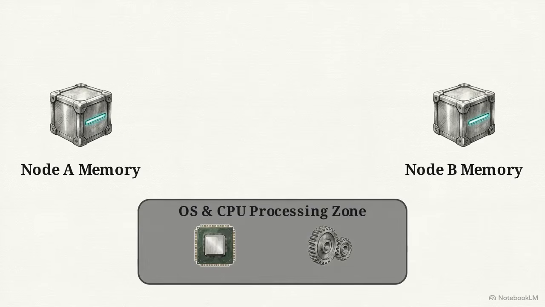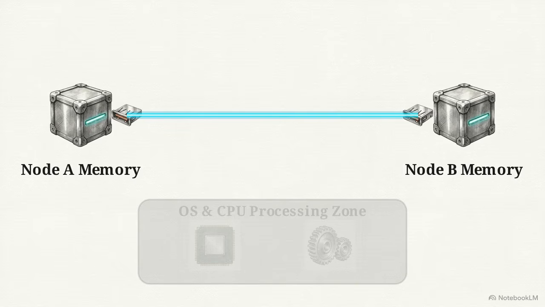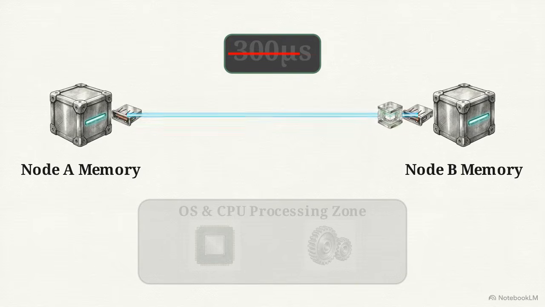It entirely bypasses both operating systems, avoids buffer copies, and eliminates CPU interrupts. By operating at the absolute limits of the Thunderbolt 5 controller, RDMA reduces internode interconnect latency from 300 microseconds down to between 5 and 9 microseconds over an 80 gigabits per second physical link.